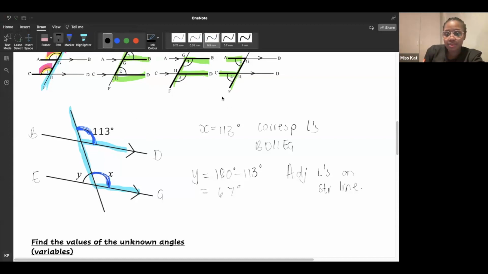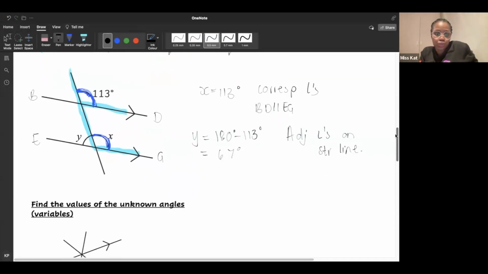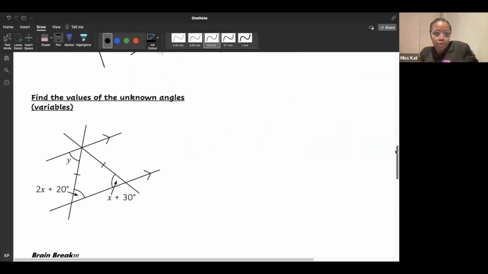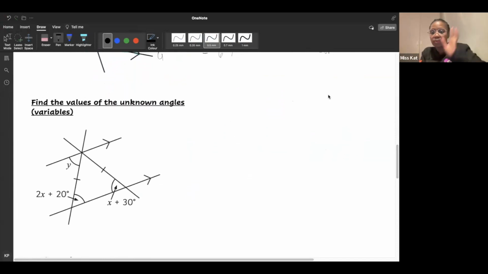Okay, guys, we understand. So let's do some consolidation exercises. Okay, nobody freak out. Let's get some people who are going to help me with this one. We want to know the value of X and Y and then the complete angles. Yes, Sinesihle.